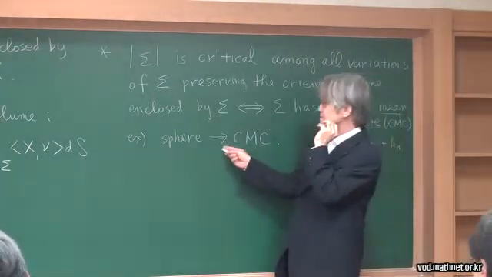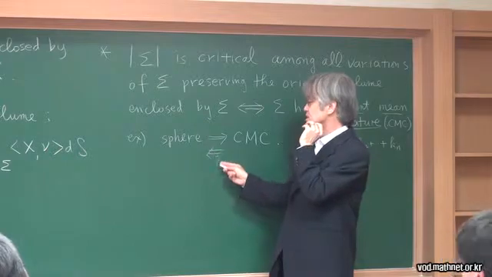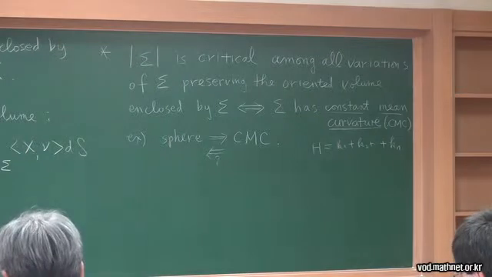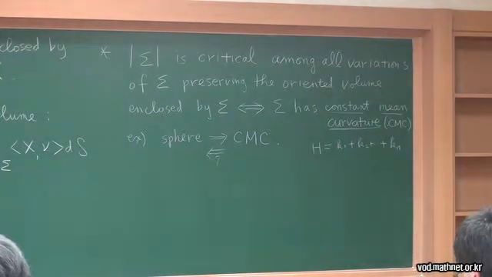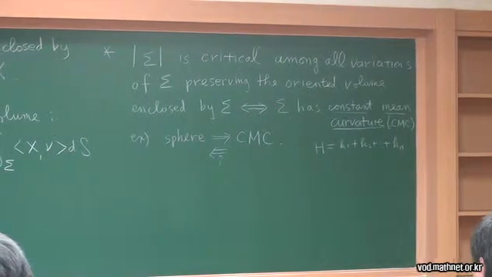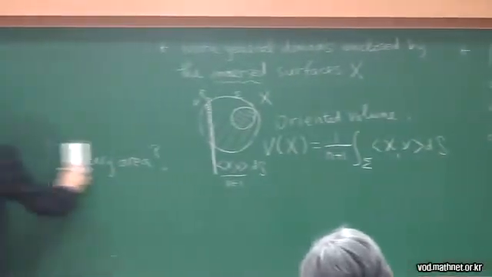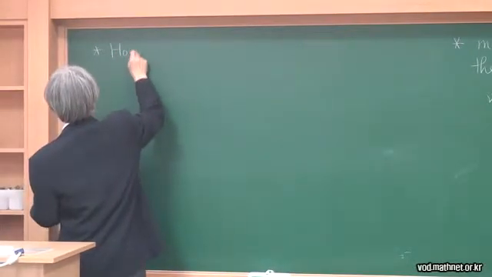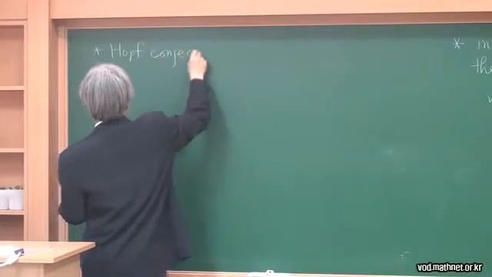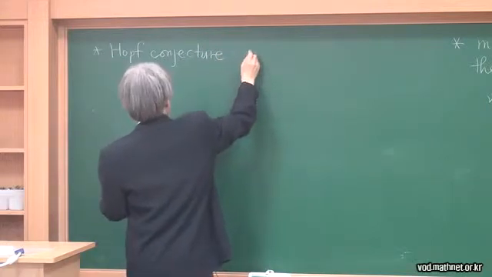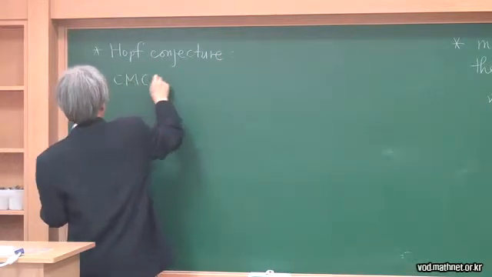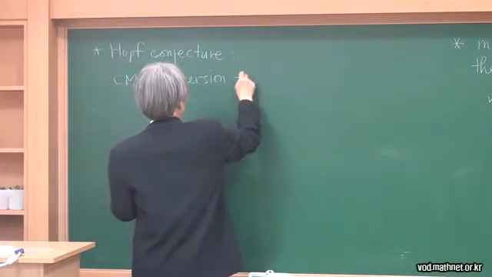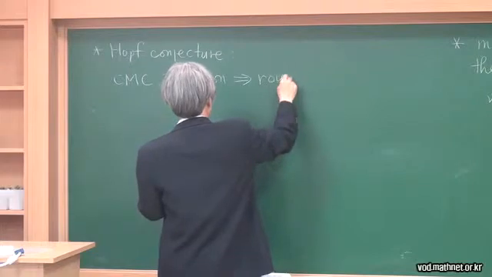Then how about the converse? What can you say about this converse? Hopf made a famous conjecture about this converse. He conjectured that a CMC immersion necessarily implies a round sphere.